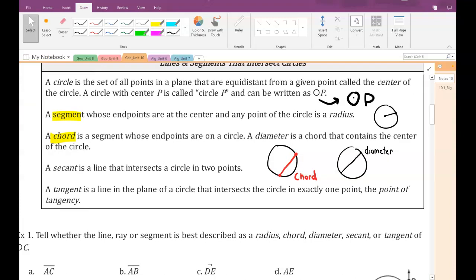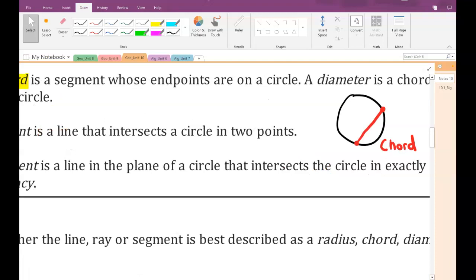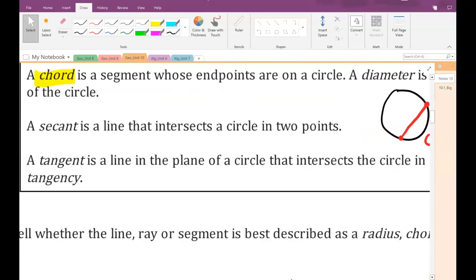And then the last point, a tangent, is a line in the plane of a circle, so it's just in the same plane of whatever circle we're talking about, that intersects the circle in exactly one point, and we call that the point of tangency. So a tangent, maybe it would look like we have our circle here, and our tangent just goes by and only intersects it in one spot.